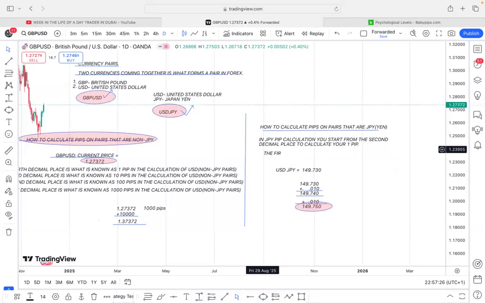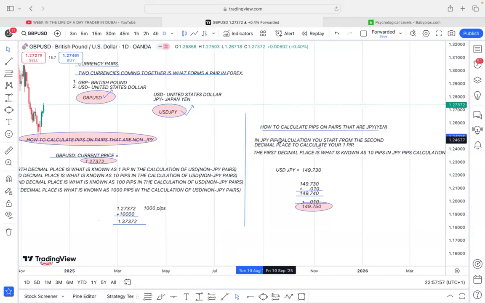The first decimal place is what is known as 10 pips in JPY pips calculation. You can see how it is.